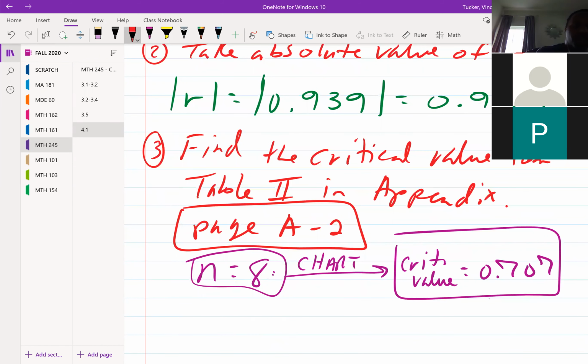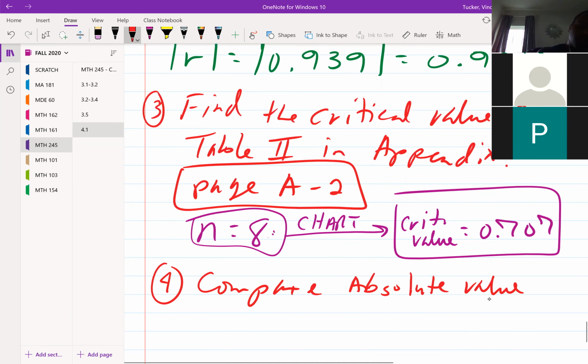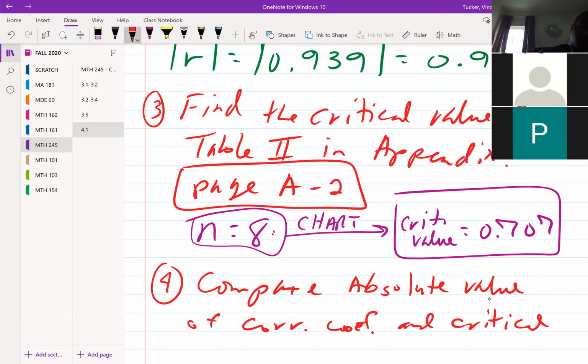All right. So now we compare the absolute value of the correlation coefficient and that critical value.